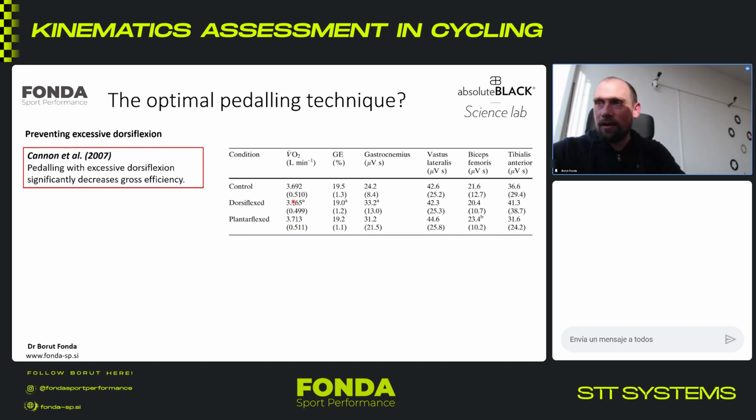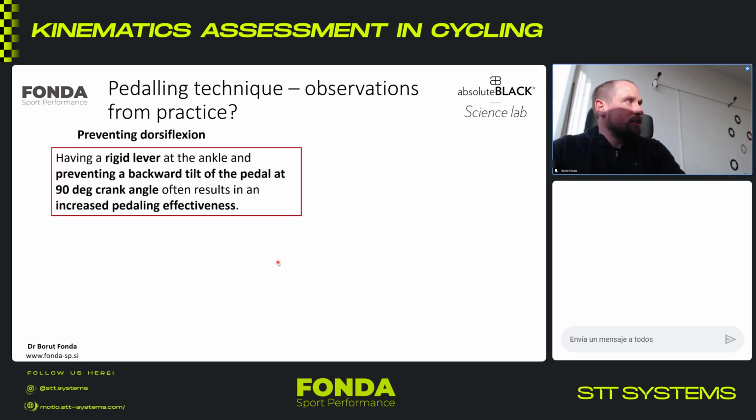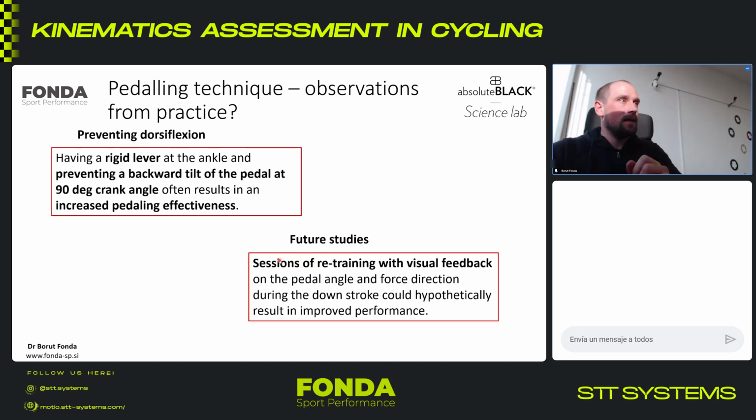So when they prevented dropping the heel, they saw a saving in energy. In the research we mentioned before, triathletes had less range of motion in the ankle, a stiffer ankle joint, and were also found to be more effective. From practice, a lot of people claim that when they have a rigid lever, preventing a backward tilt of the pedal often results in increased pedaling effectiveness.